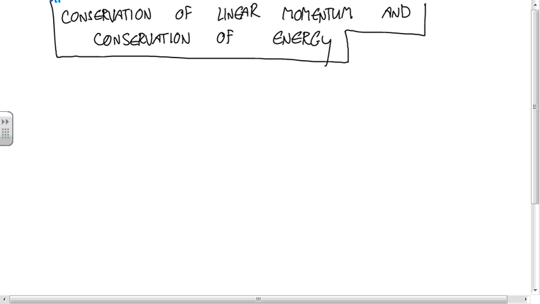So first of all, what does conservation mean? So conservation means that a quantity stays constant.